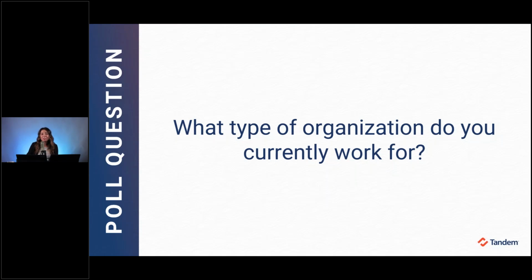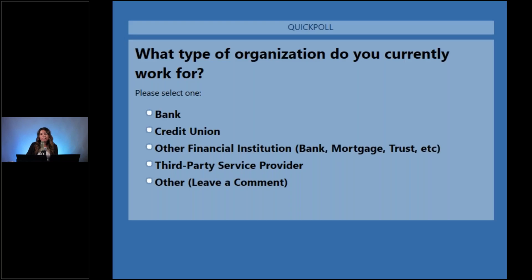Starting with our first poll question: what type of organization do you currently work for? Our answer choices are bank, credit union, other financial institutions, third-party service provider, or other. If you do select other, please leave a comment. We would like to know where you're coming from. Okay, we have a lot from banks so far, about 75%.